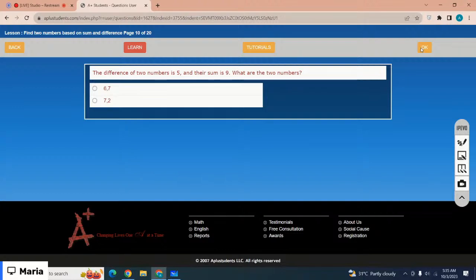The difference of two numbers is 5 and their sum is 9. What are the two numbers?